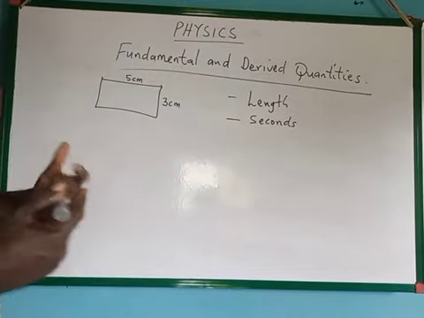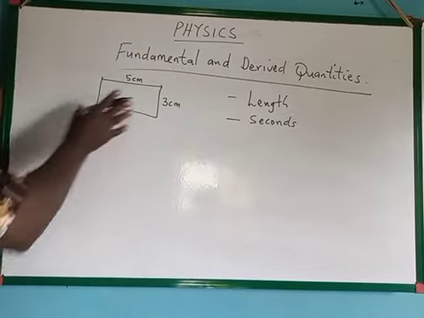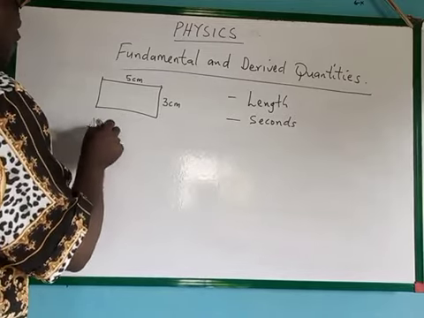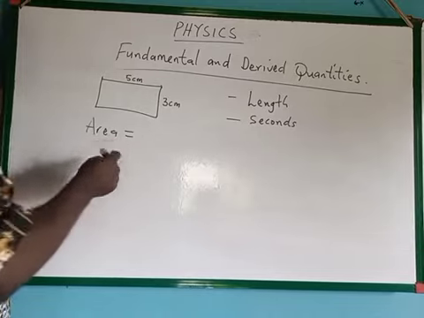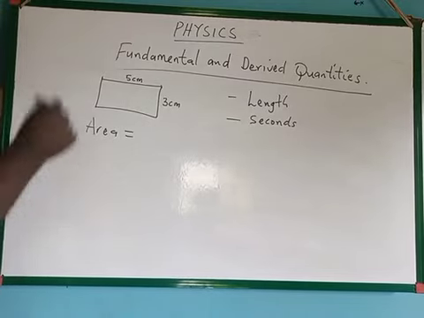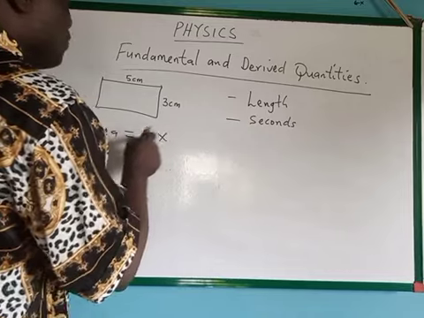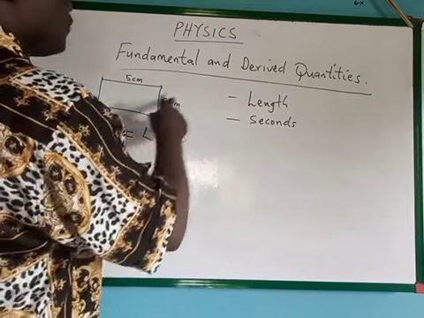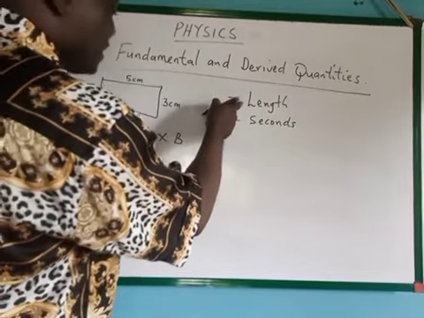What do we mean and how do we mean? Let us look at this now. We are going back to this rectangle. If I decide to calculate the area of this rectangle, what are the fundamental quantities that I need? One, I will need length, then I will multiply with the breadth. So the length and the breadth become the fundamental quantities.